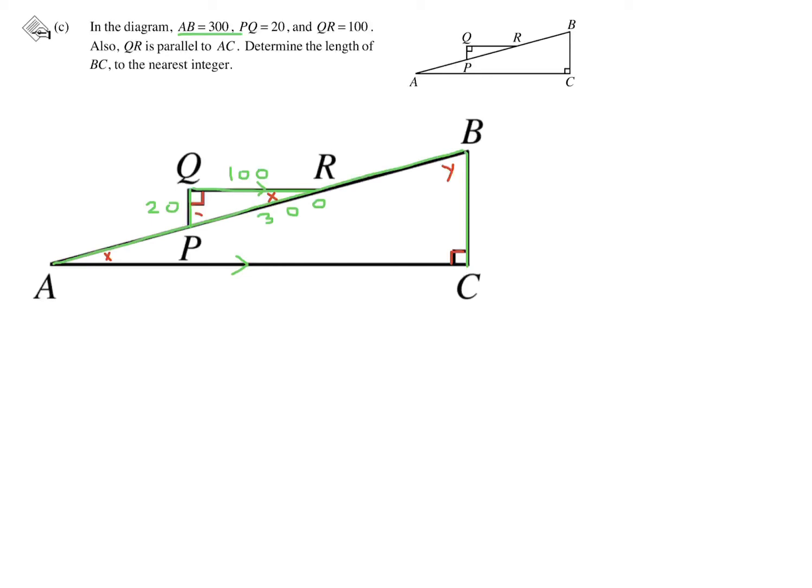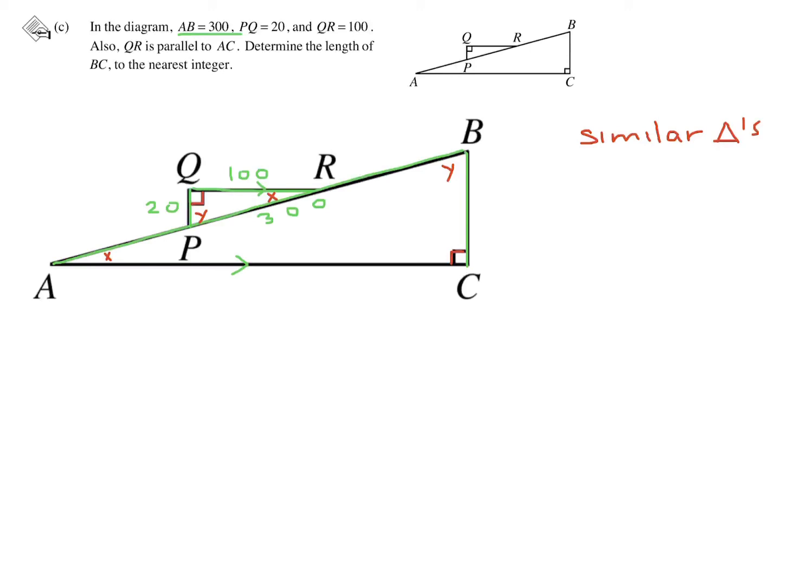If that's y, that must be y, because the other two are the same. So if you subtract from 180, it would be the same value. And therefore these two triangles are similar triangles, the small one and the big one, this whole thing right there. Using similar triangles, we can figure out a relationship.